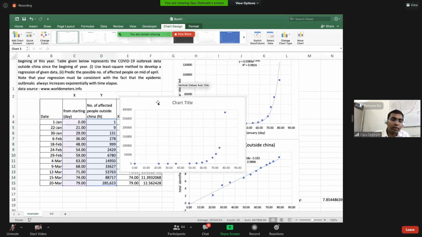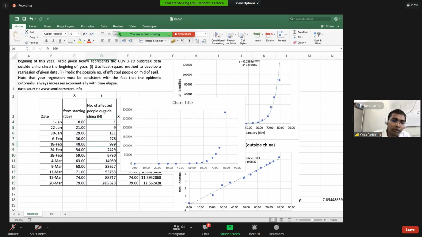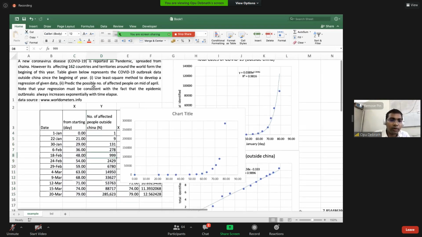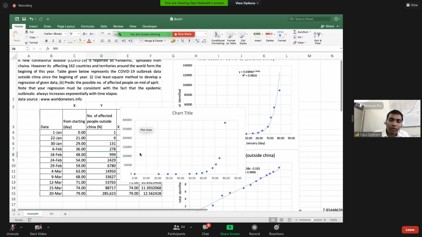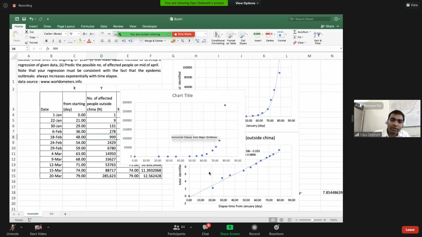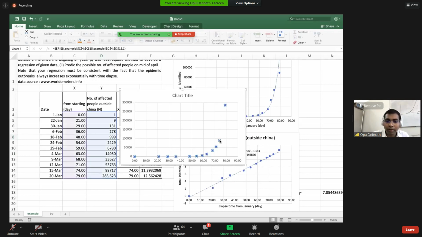For an unknown problem in real life, you may not be aware of which type of problem it will be or which response. So first you may set only the scattered points, so it shows a shape, and then thereafter you go for add trend line.